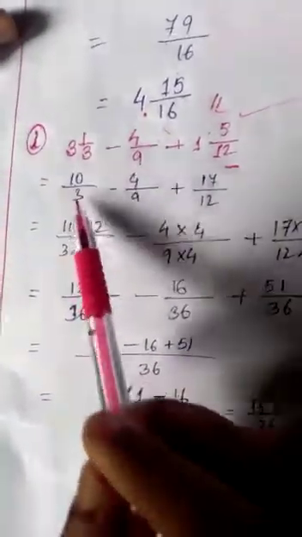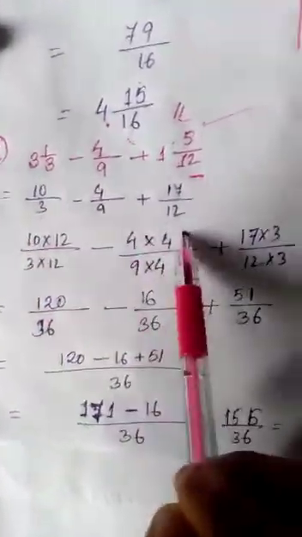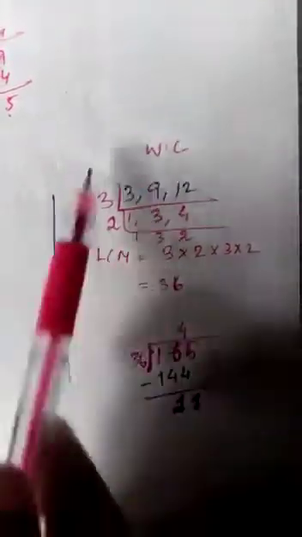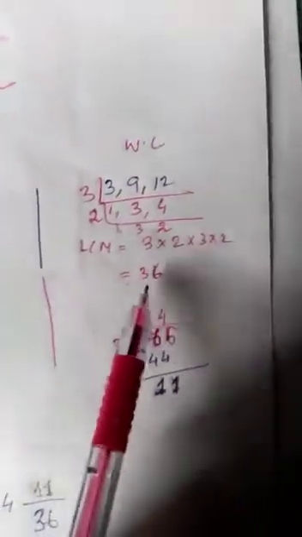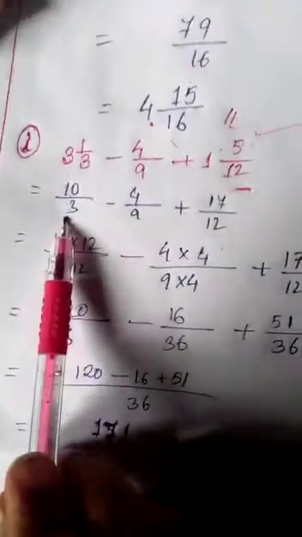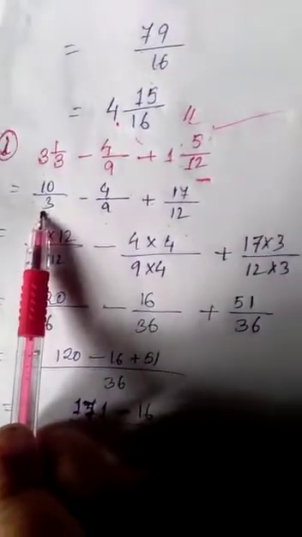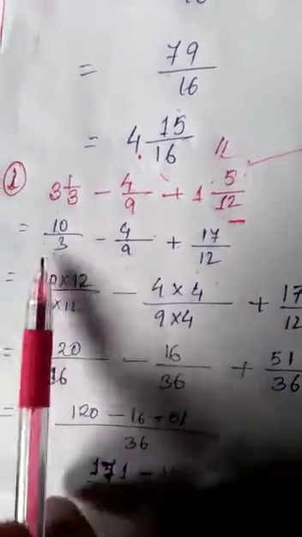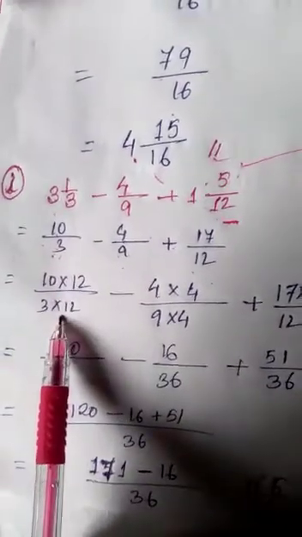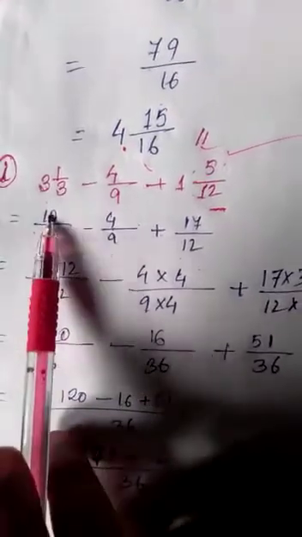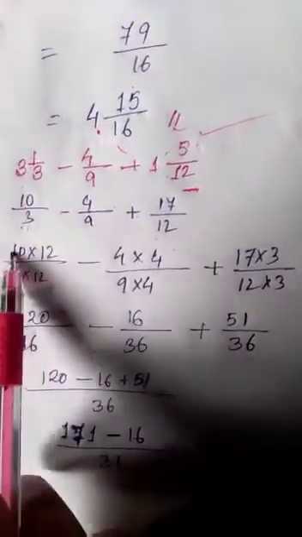Now children, you can see 3, 9 and 12, this LCM I have shown in the work. After finding it by the common division method, I have got 36. So LCM is 36. Now what do we multiply with 3 to make it 36? 3 multiplied by 12 gives 36, so we multiply by 12. So 3 into 12, and that's why 10 also we multiply by 12, so 10 into 12.